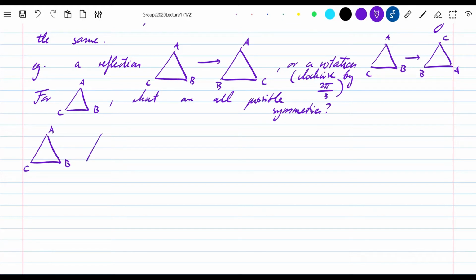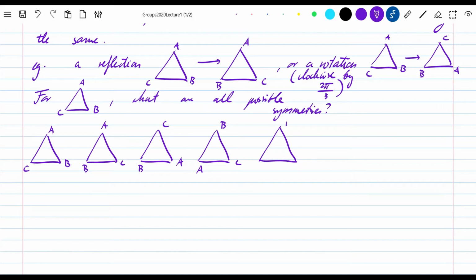Then we have the reflection in this axis here. Then we have our rotation that we already mentioned. Okay, we can do that rotation again to the triangle to get this triangle here. Okay, and then what else do we have left?